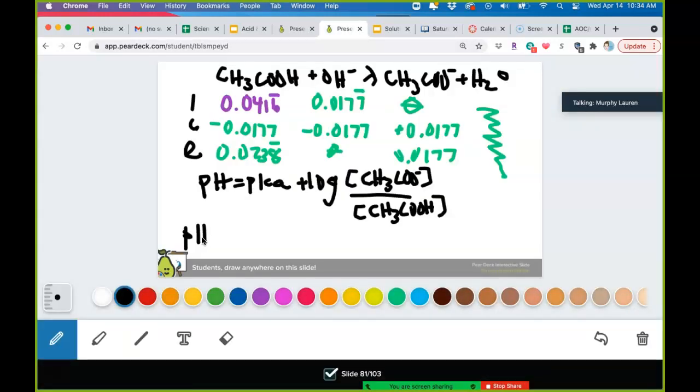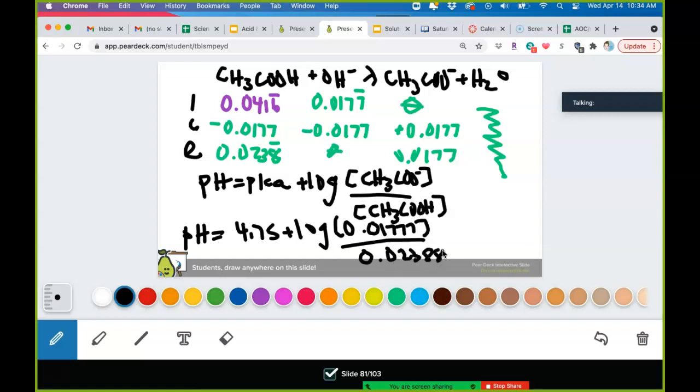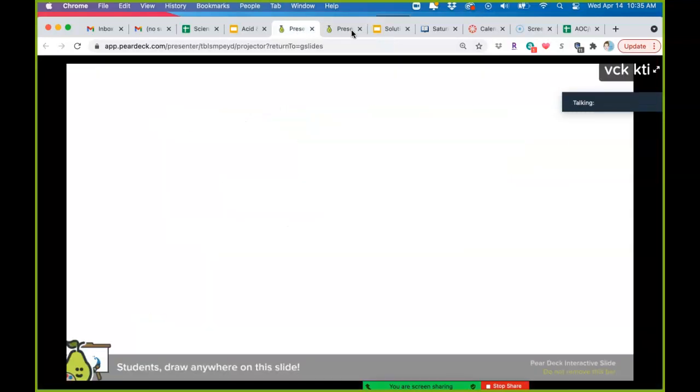So the pH equals 4.75 plus the log of... and let's see, 4.62.